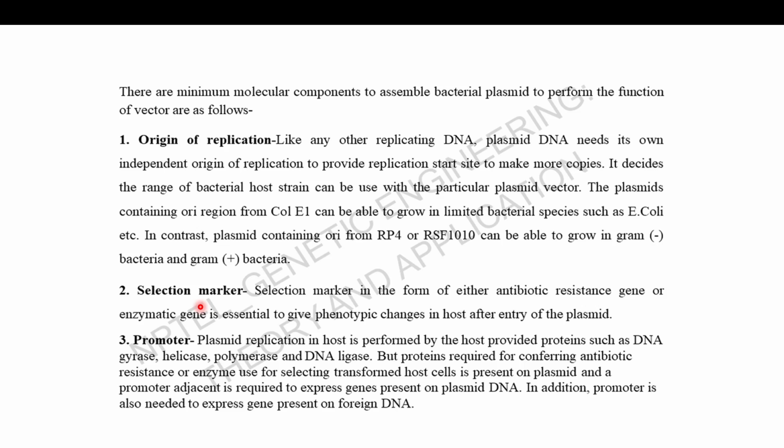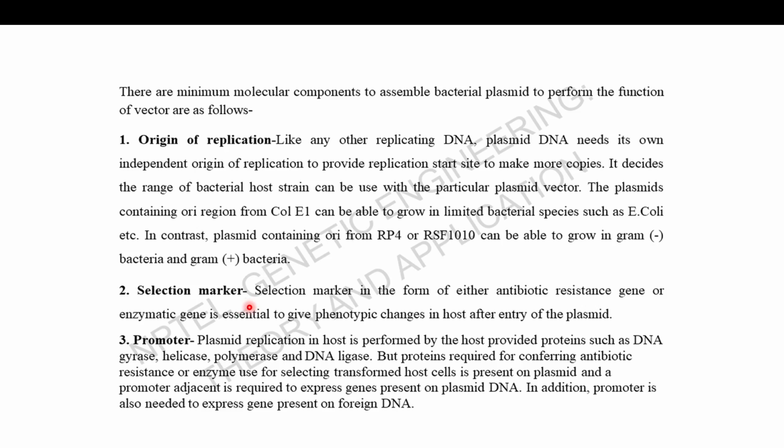The cell initially doesn't inherently possess resistance to, suppose, the antibiotic kanamycin. However, the plasmid DNA that we are introducing into the cell has the gene that shows resistance to kanamycin.